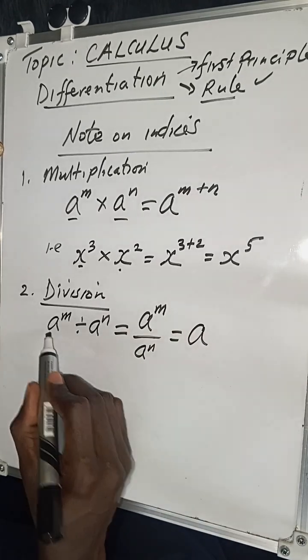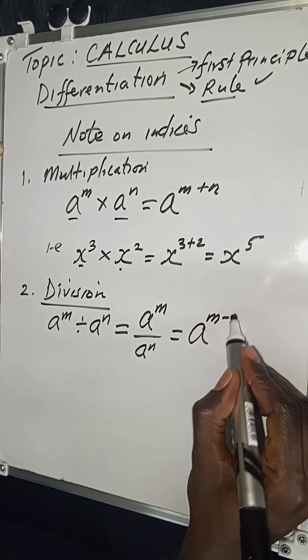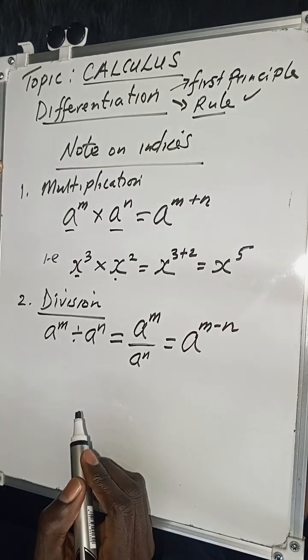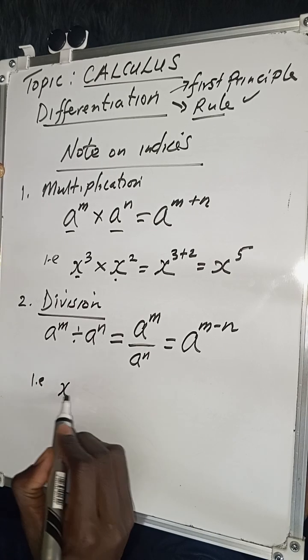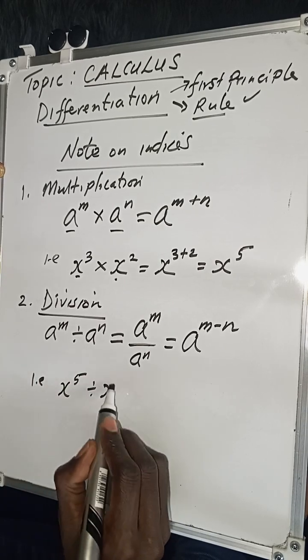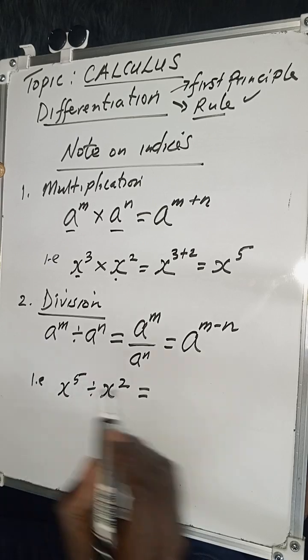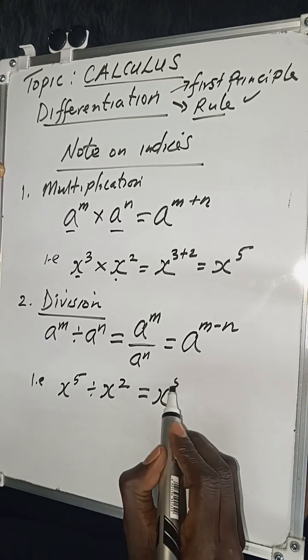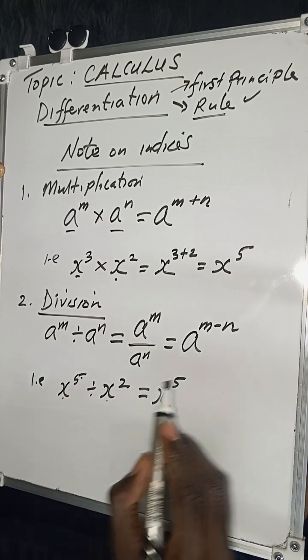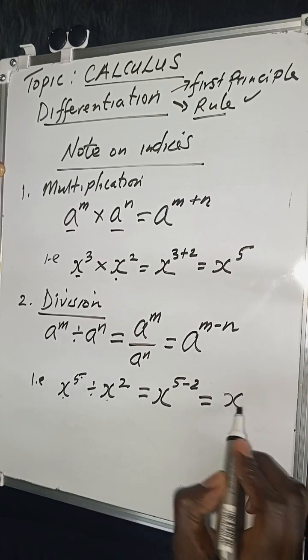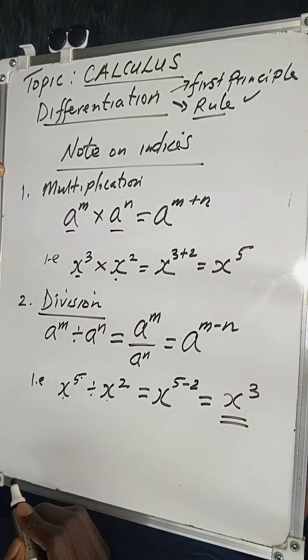Because you are dividing and the bases are the same, you just subtract the powers. For example, if you have x to the power 5 divided by x to the power 2, because the bases are the same, you take one base and you subtract the powers. So that would be x to the power 3. So that is the value that we are getting.